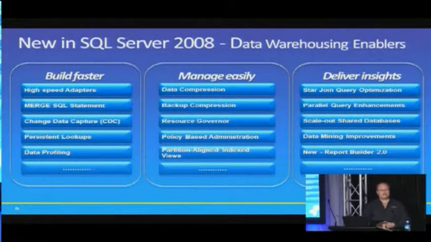The MERGE SQL statement is a new statement. We have insert, update, delete, and now we have merge as well, which combines actions. Pretty much when a key is there, it's going to do an update. When the key is not there, it's going to do an insert. It's called merge. Change data capture is another feature we added to make it easier to capture delta changes from an existing OLTP system.